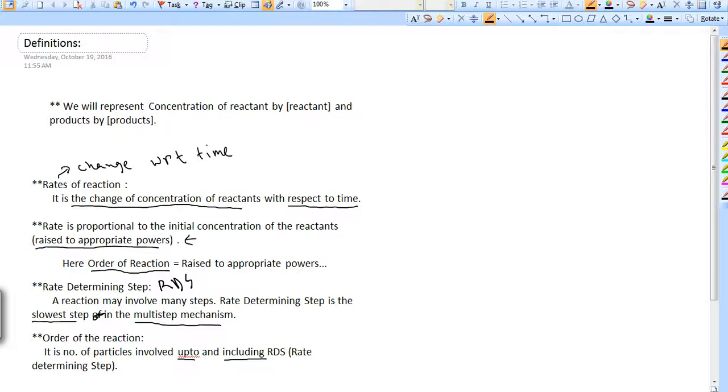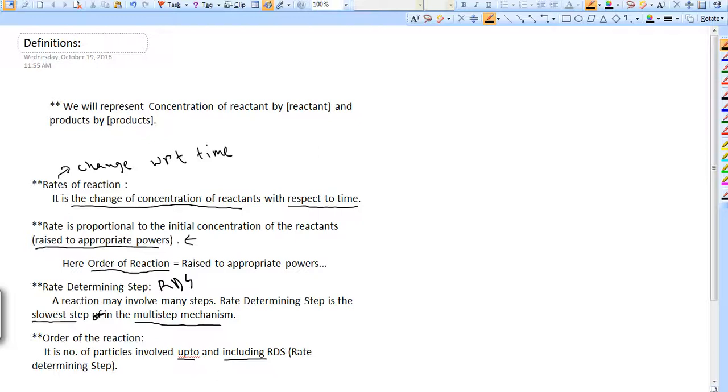I hope that you have understood. If not, please let me know in the comment section. I'm happy to help you out. Order of the reaction is the number of particles involved up to and including the RDS, the rate determining step. The particles here mean the particles of the reactants.